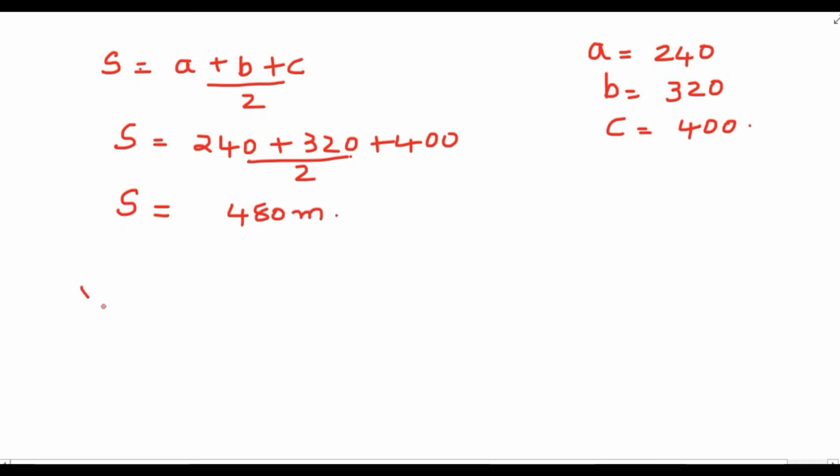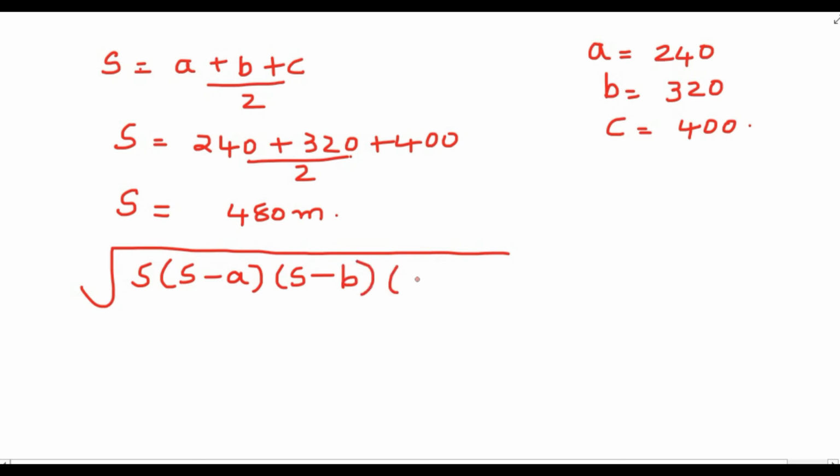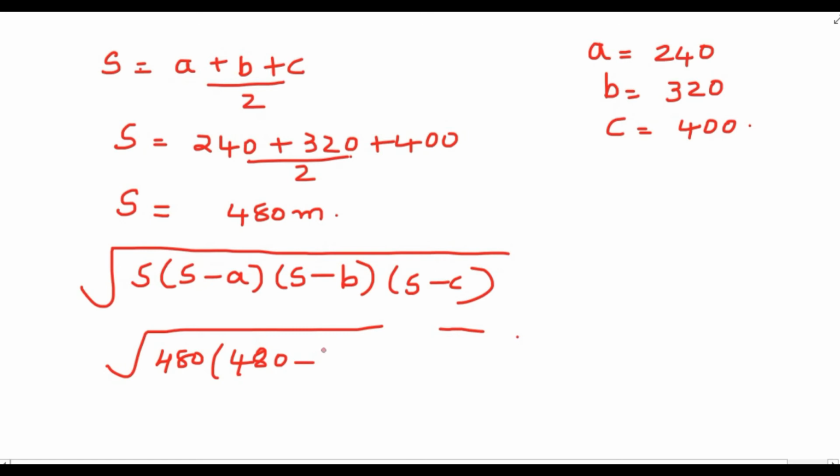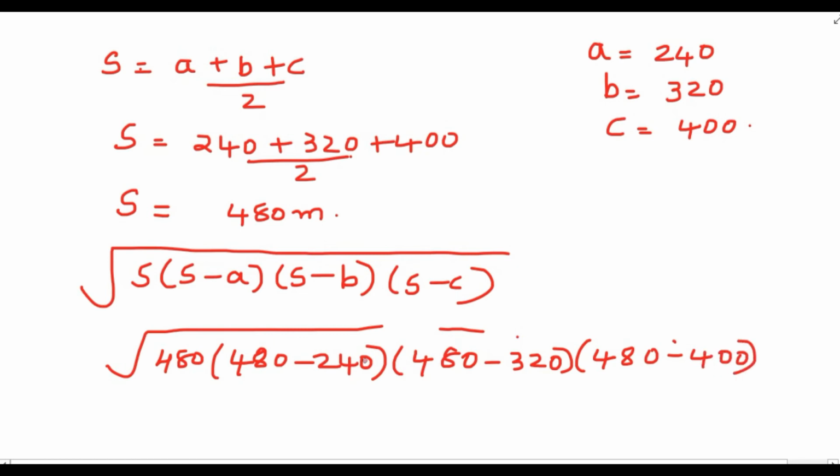Now we'll apply the formula, square root of S into S minus A into S minus B into S minus C, which is equal to 480 into 480 minus 240 into 480 minus 320 into 480 minus 400.